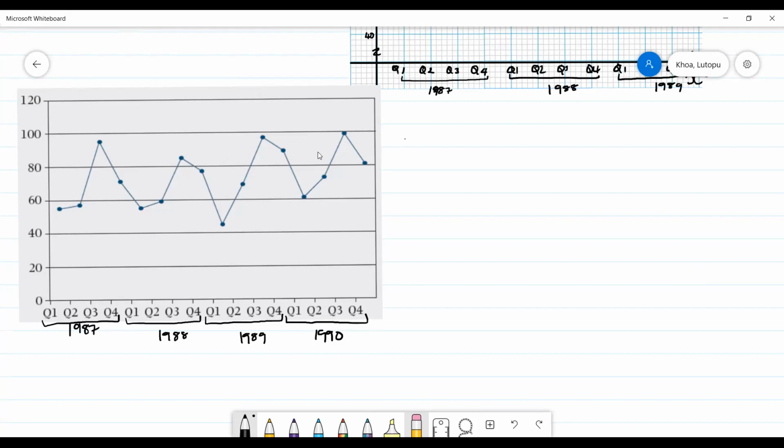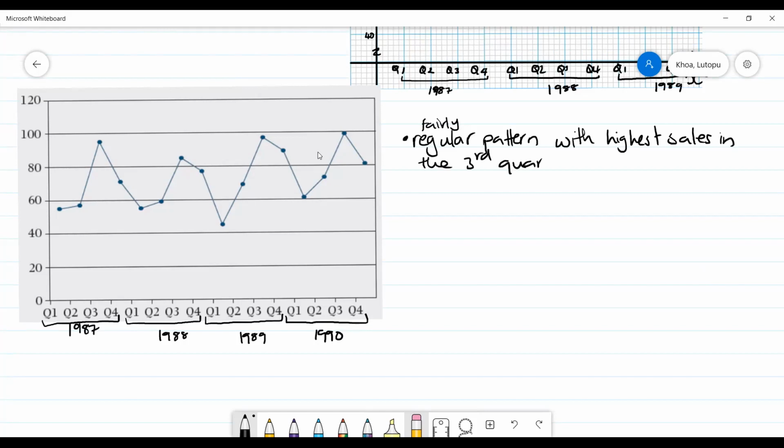So we have somewhat of a regular pattern, with the highest sales in the third quarter. Okay, so that's the first thing that we notice.